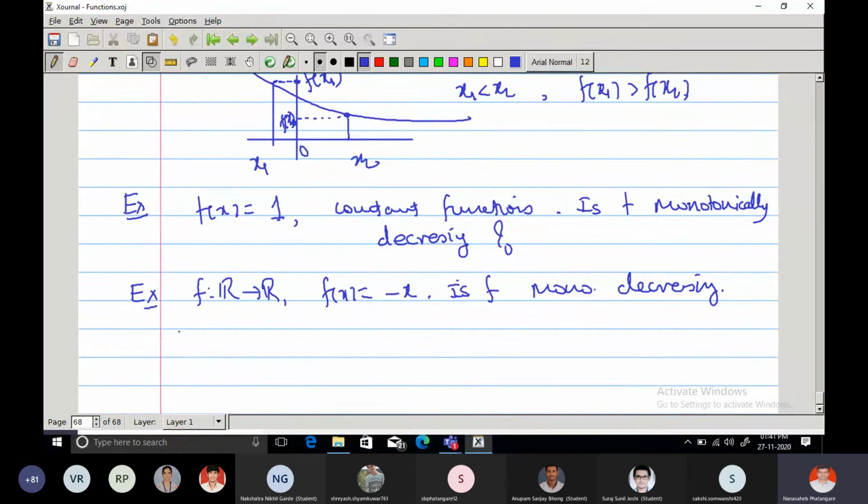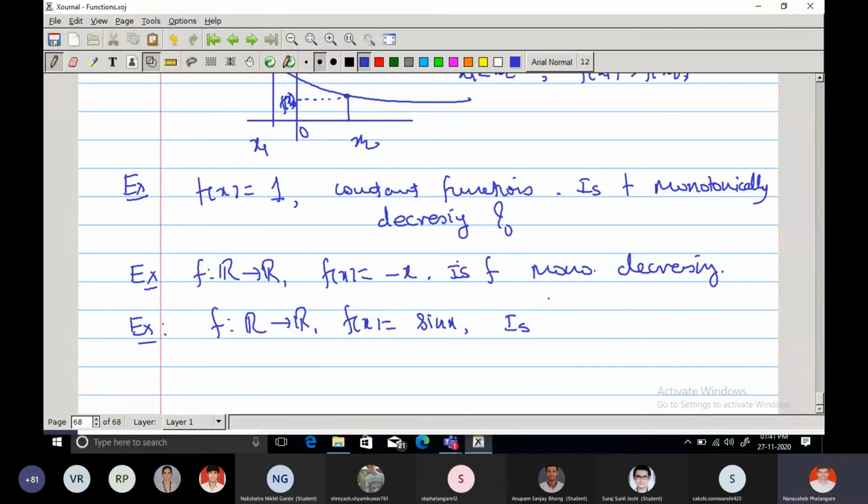So if I define f from R to R, f(x) is equal to sin x. What about f of x is equal to minus x? Do you know the graph of f of x is equal to minus x? y is equal to minus x.